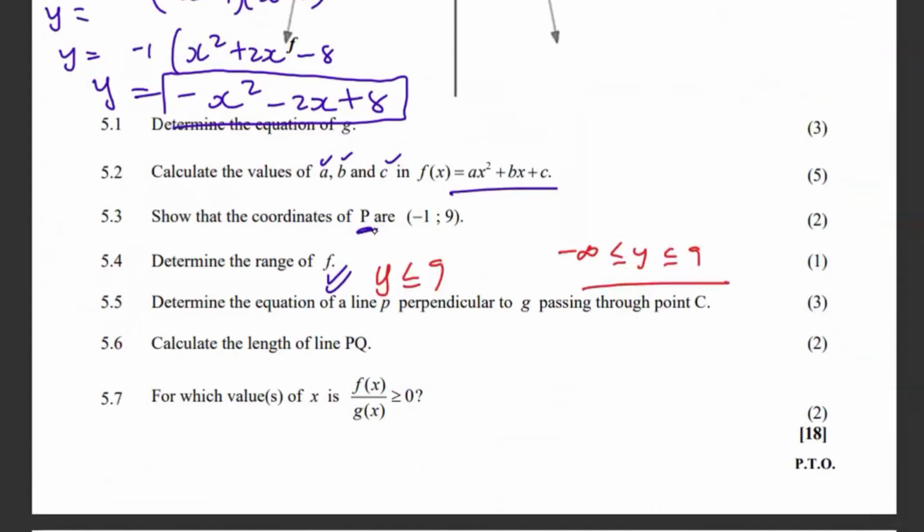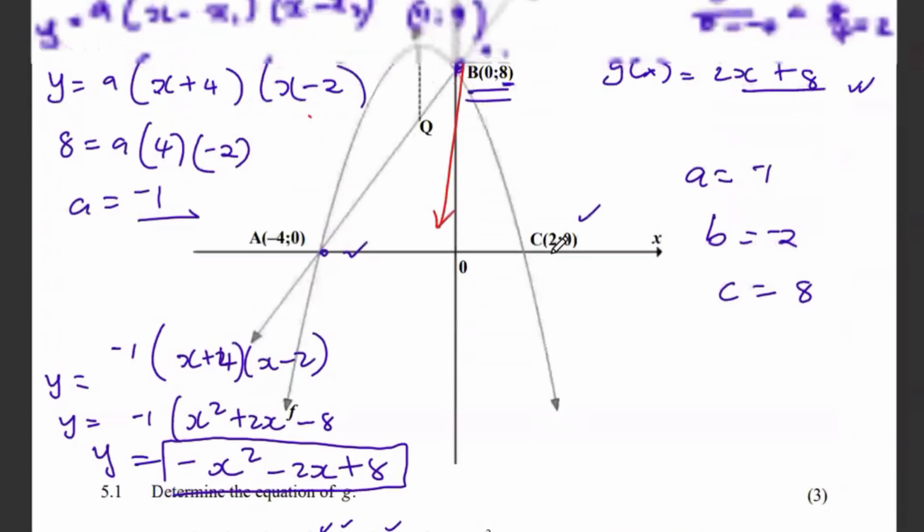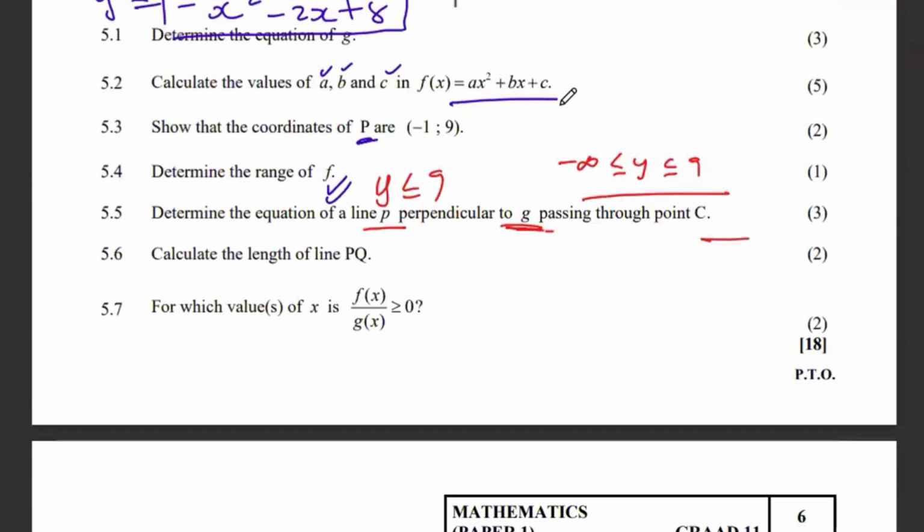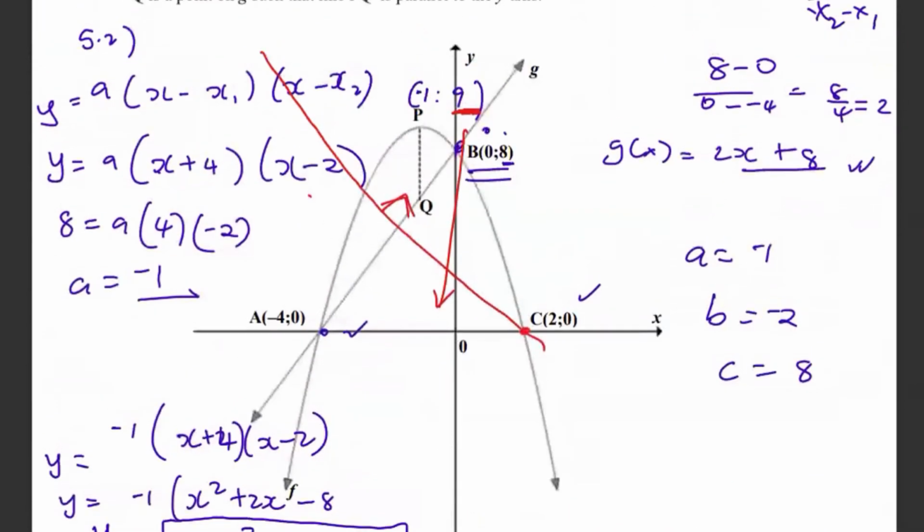Then they want the equation of line P that is perpendicular to g, but passing through C. It's passing through C, but also perpendicular. So when lines are perpendicular, meaning that there's a 90 degree angle, the product of the gradients must give us negative 1. Meaning that the gradient of the perpendicular line multiplied by 2 should give us negative 1. So gradient is negative 1/2.